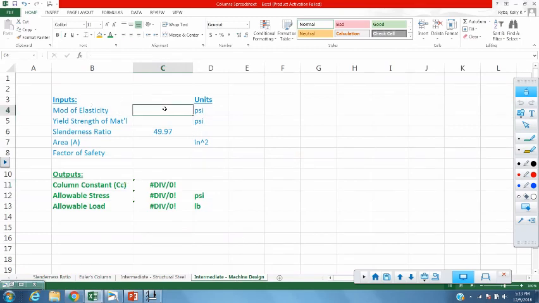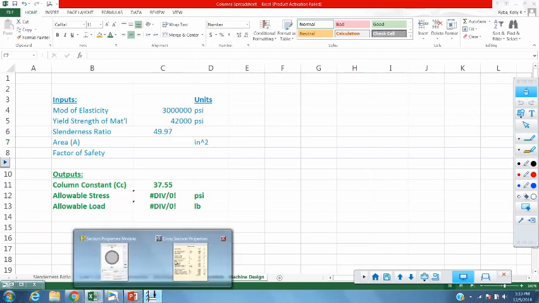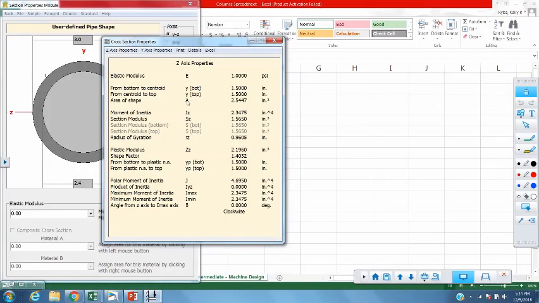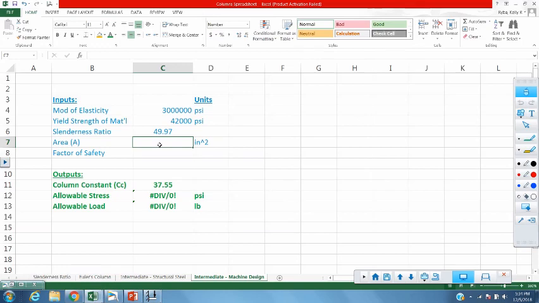So here, I'm going to put in my modulus of elasticity, 30 times 10 to the 6th. Yield strength in this case is 42,000. Then you'll notice that we have a cross-sectional area. I'm going to go back to MD Solids to find the area, which is 2.5447. And my factor of safety of 3.